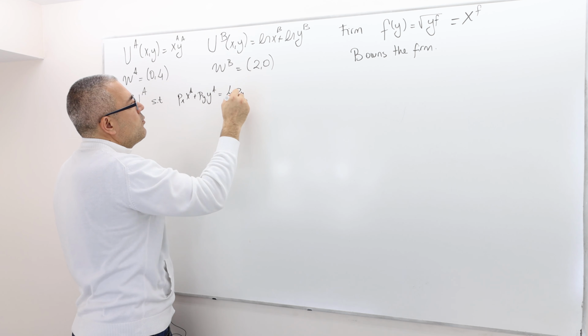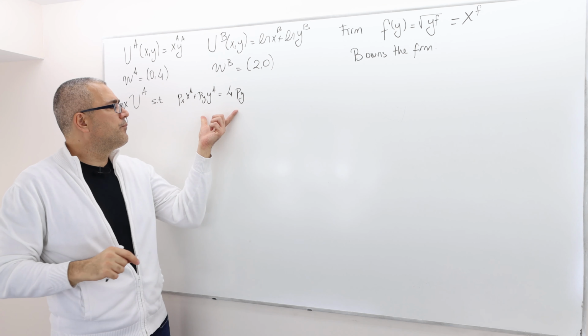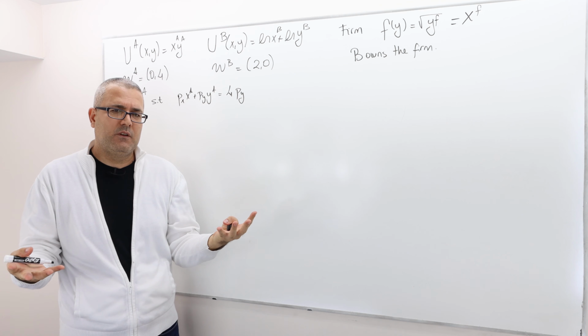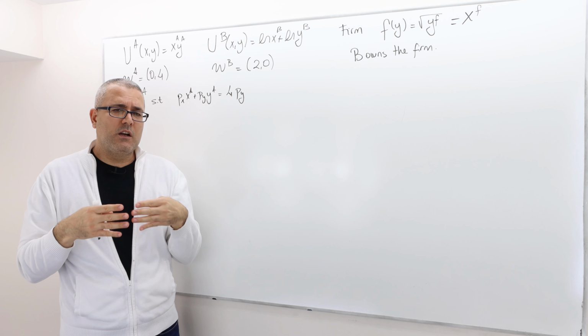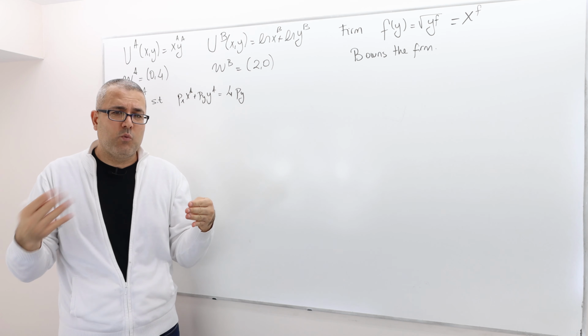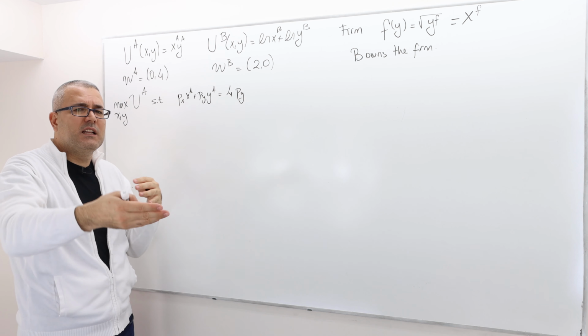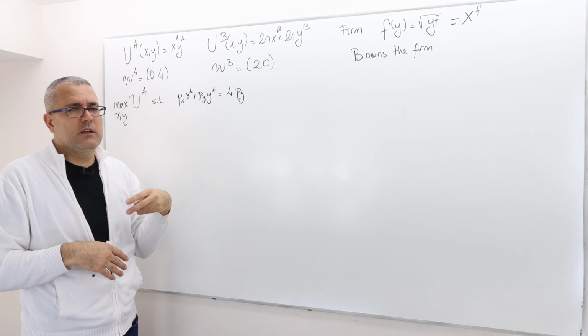There's no other income. Here, an important question you may ask: why are these guys selling all their endowments? Eventually, they're going to consume some X and Y. This guy, for example, is going to consume some Y. Why not sell only part of his Y?